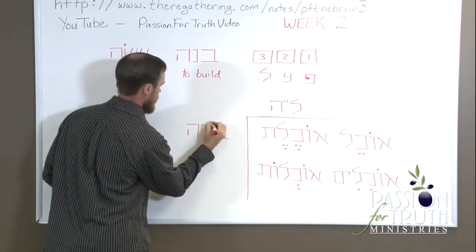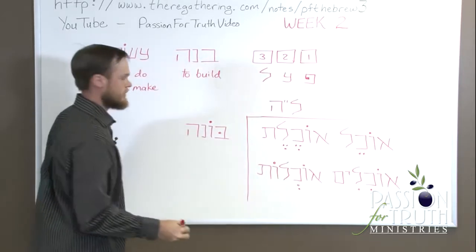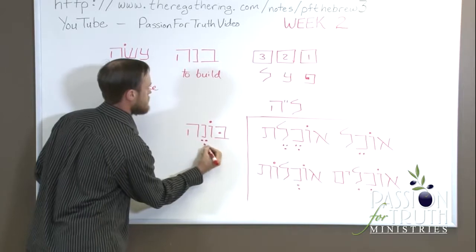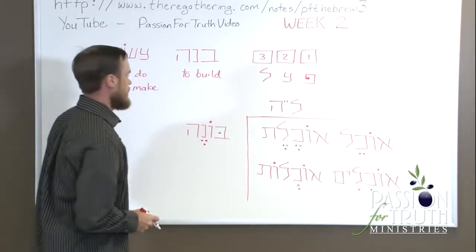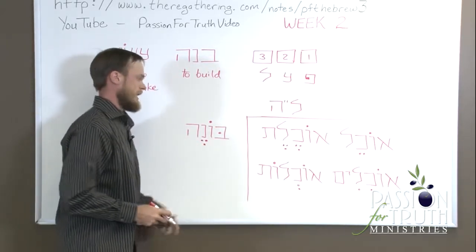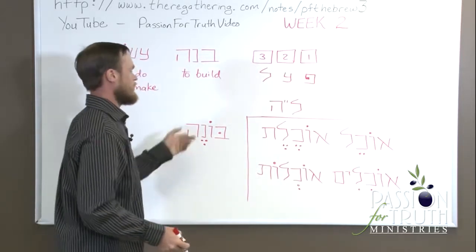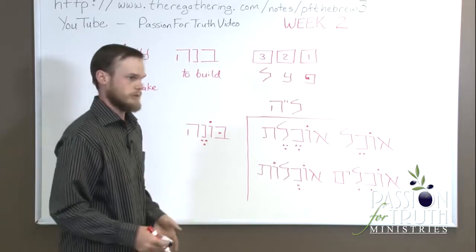So we've got our first radical, vav cholam, second, instead of a tzere, we're using a segol. So boneh. This is the masculine singular form, so if we wish to say Adam is building, Adam boneh, or boneh Adam.